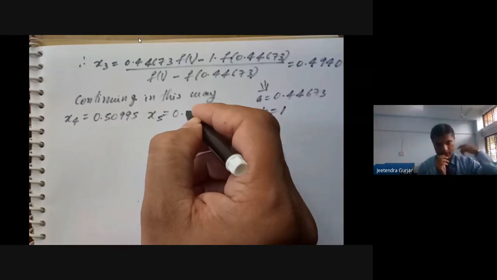You have to substitute like we have substituted in x3. After substituting all these values, put it in your calculator and you will get x4.